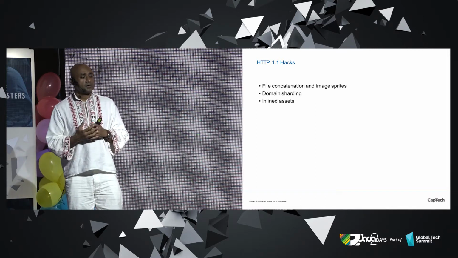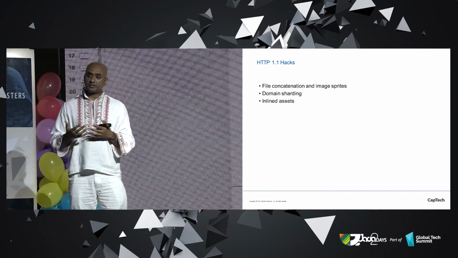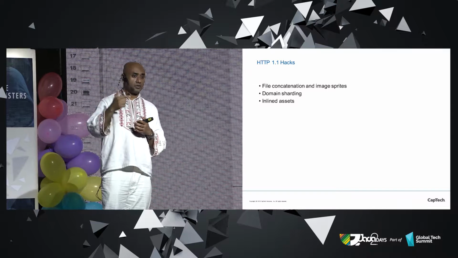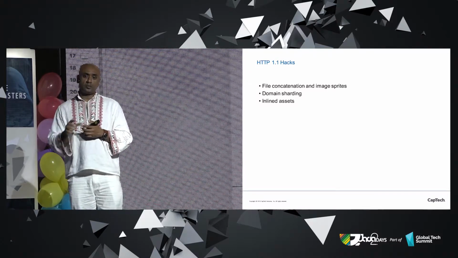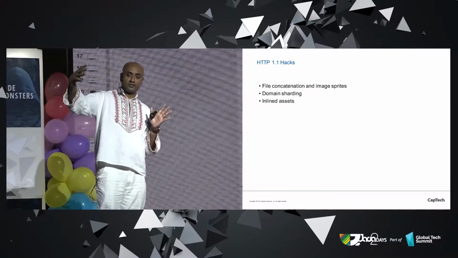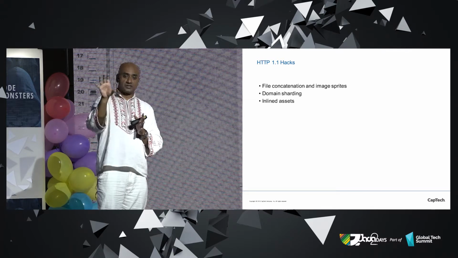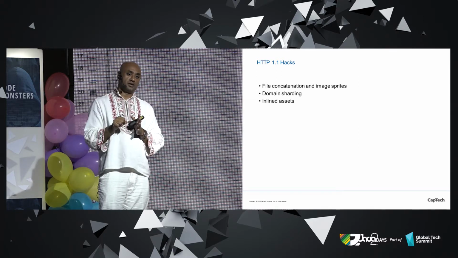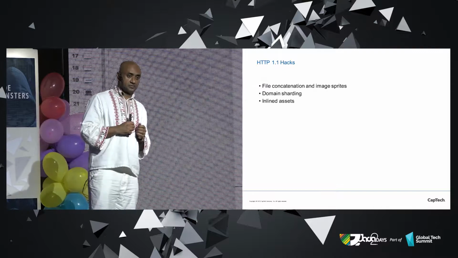So in other words, in order to defeat this limitation of HTTP 1.1 or having to load each image, each resource, one by one, what you can do is you can concatenate all of your images in one large image, and you can load up sprites of that image, parts of that image in your web page. And that's called file concatenation and image sprites.